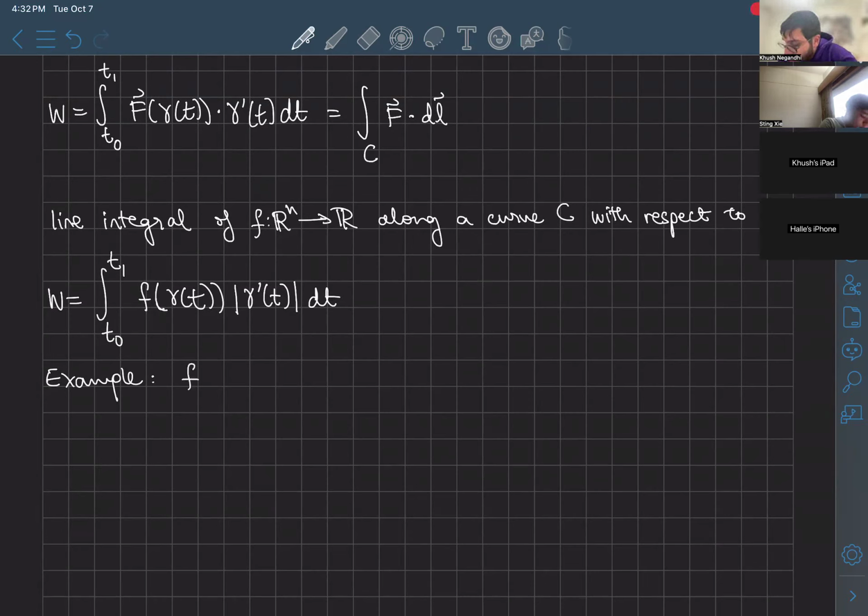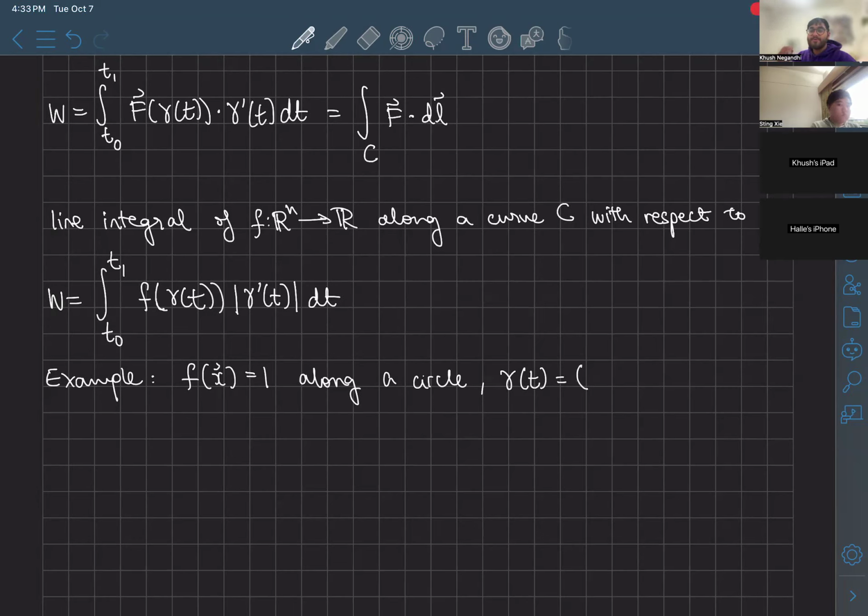So the function that I want to integrate is the function f of x equals 1, along a circle. And just for simplicity, I'm going to assume that this circle is centered at the origin. It doesn't really matter too much.